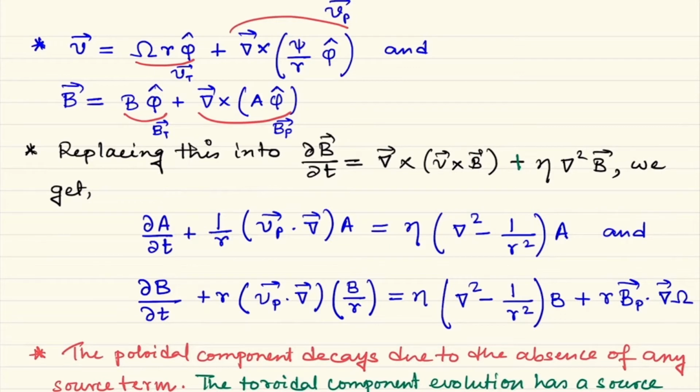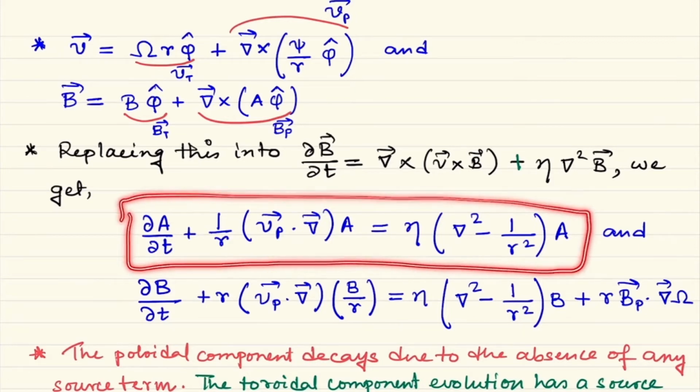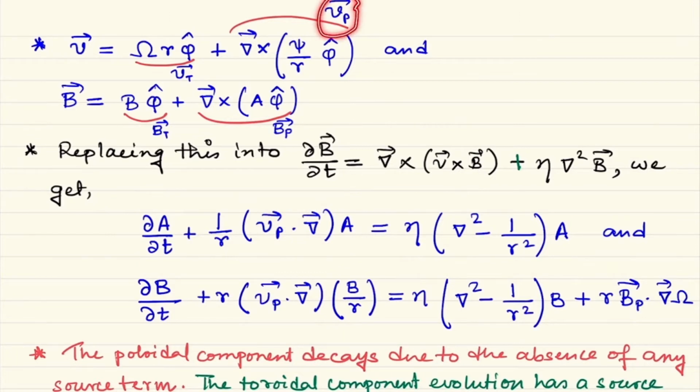And then if you do that correctly, you will see that for the vector potential part, the evolution is given by del A del t plus 1 by r Vp dot nabla A, where Vp is nothing but the poloidal component of the velocity, equal to eta times nabla square minus 1 by r square A. This is a scalar operator, and this is a scalar equation.